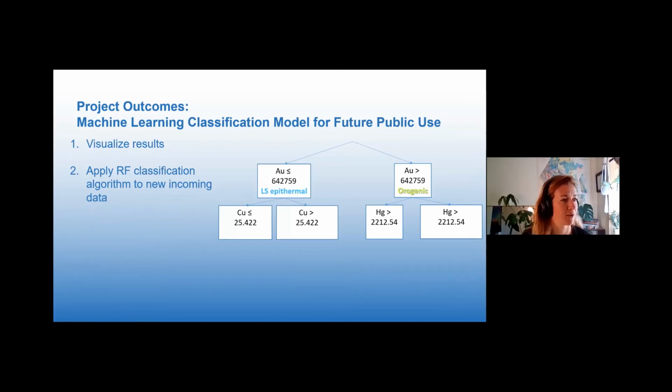So we see when we have a specific value of gold, higher than that would be classified as orogenic, lower than that would be classified as epithermal. And then the next variable to be assessed is copper. So a specific value of copper would tell you that you have a low sulfidation epithermal system or an alkalic porphyry system, and the same with mercury.